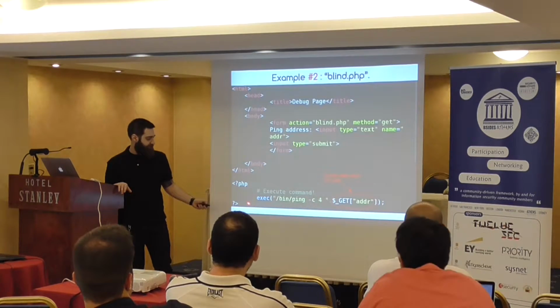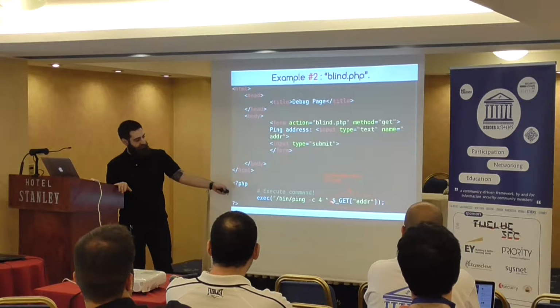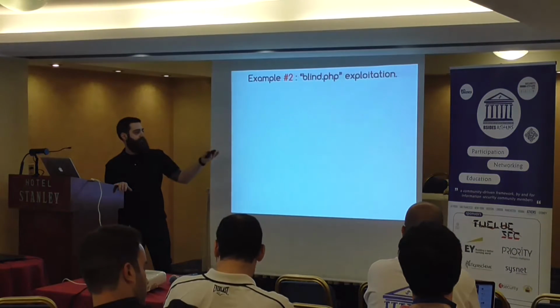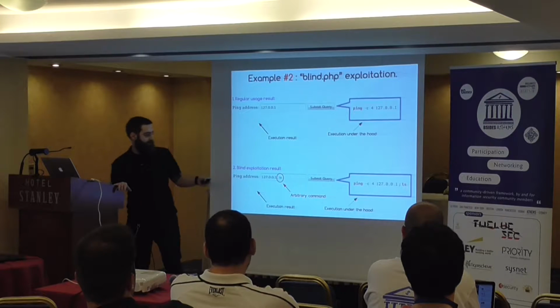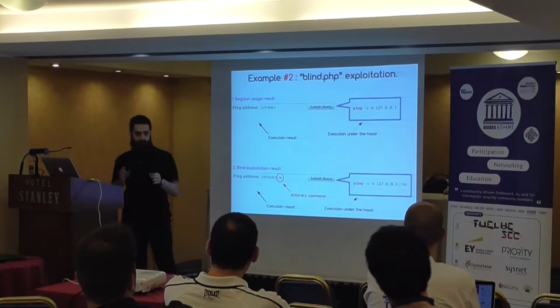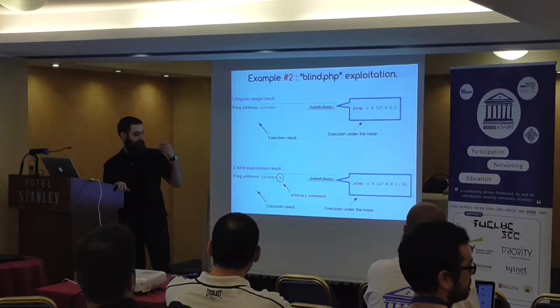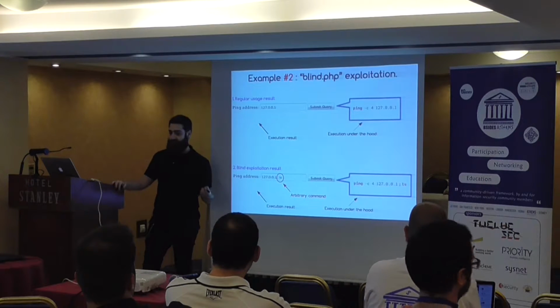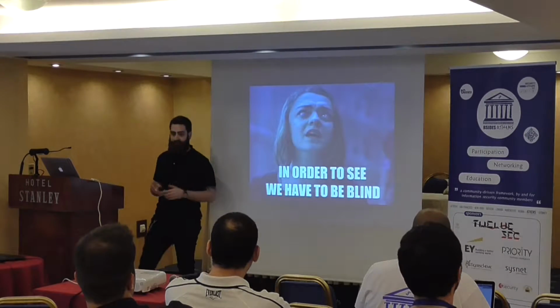As we can see here, there is not any echo at the beginning of the line. The vulnerable part is the same. So if someone puts just the IP address, or an IP address followed by a separator and then another arbitrary command, in both cases the execution results will not be visible, right? So, in order to see, we have to be blind.